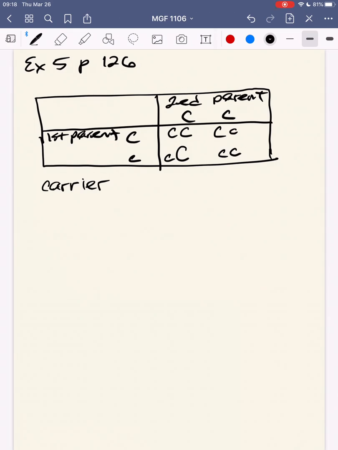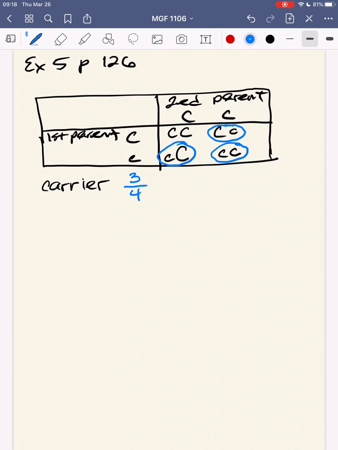So the carrier, we know that they're a carrier here. They have one small c, that means the carrier. There's one small c here, which says they're going to be a carrier. And if they have cystic fibrosis, they're definitely a carrier. So I have 3 out of 4 that I can have it.